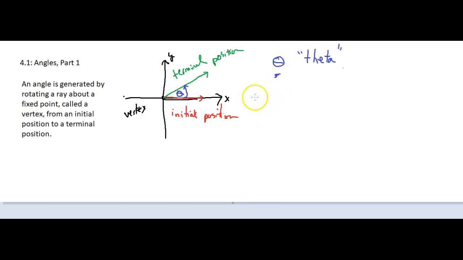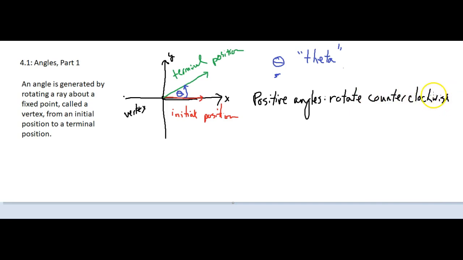All right, so the thing is too, we're going to have positive and negative angles. Positive angles rotate counterclockwise. All right, so as a diagram, let's look at that.